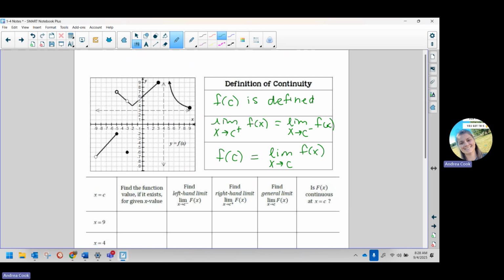We have a graph of f of x and we're going to fill in this table. First, we're going to start at x equals 9. x equals 9 is over here. Find the value. I want to find what is f of 9.